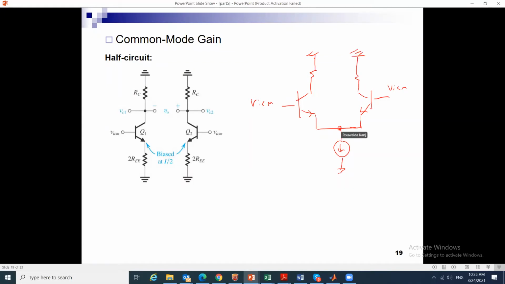And he says, similar to the case of the BJT, for the MOSFET I'm going to assume that if this has an effective REE, I will have 2 REE in each half circuit, and I will break it down. Similarly we're going to split the circuit in half, but this time we will consider twice the impedance at the common node for every transistor. So if this is E and this is E, I will have 2 REE, because 2 REE in parallel give me 1 REE, like we explained before.